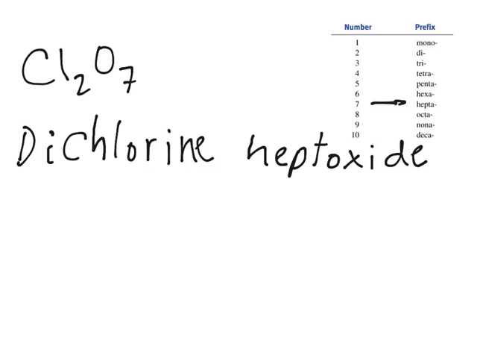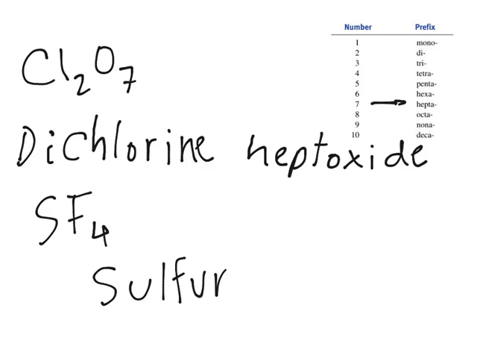Let's try one more example. SF4, again from the beginning. First element, sulfur. There's no number there, so it is supposed to be mono, but the first element doesn't write it.